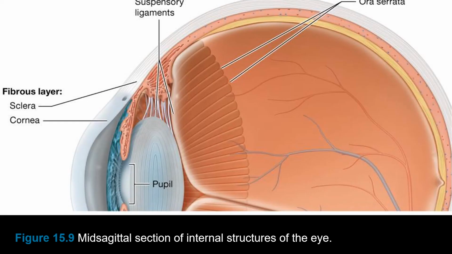Now, the cornea is actually avascular. There are no blood vessels in the cornea, so it obtains all of the oxygen it needs from the fluid behind it, as well as from the air. People that wear contact lenses that sit directly on the cornea, well, these are designed to allow oxygen to reach your cornea.